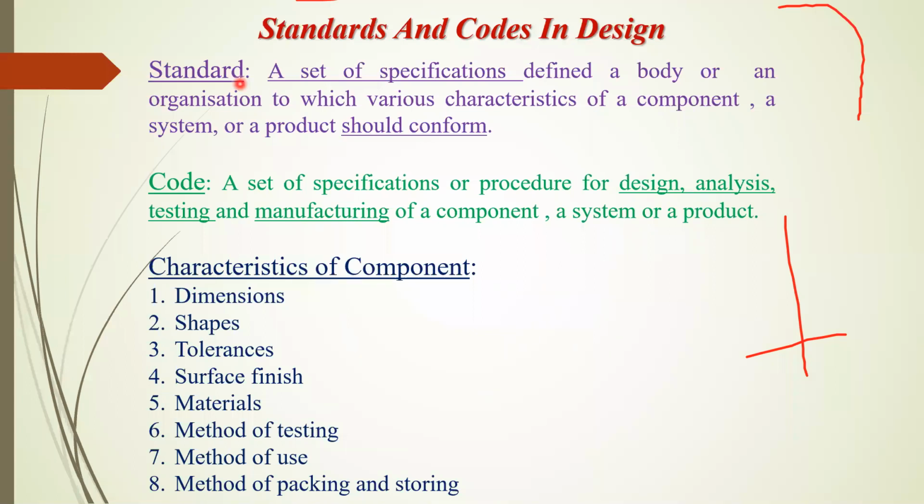International standards, like ISO and ASME codes, are universally accepted and decided by a group of companies to be followed. These are the basic standards and codes that we will use in design. So that is the basics of standards and codes.